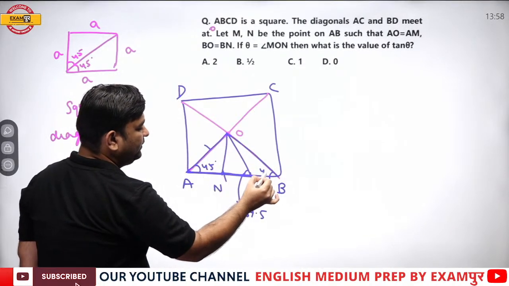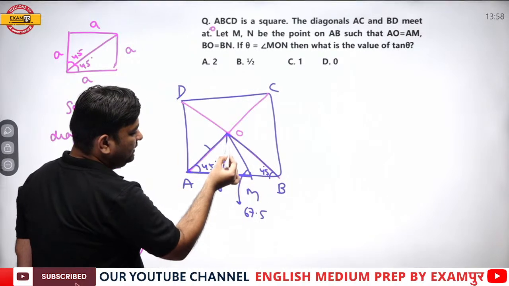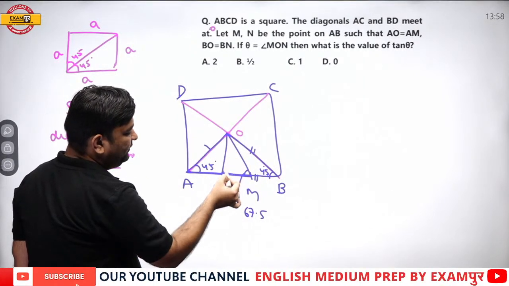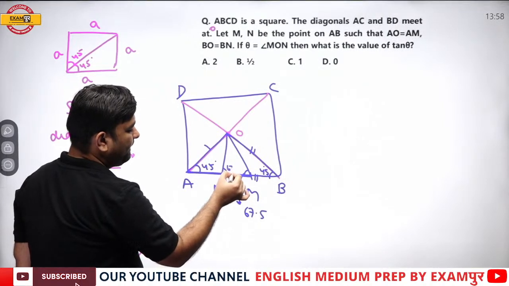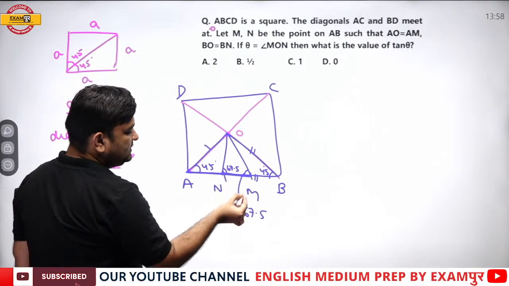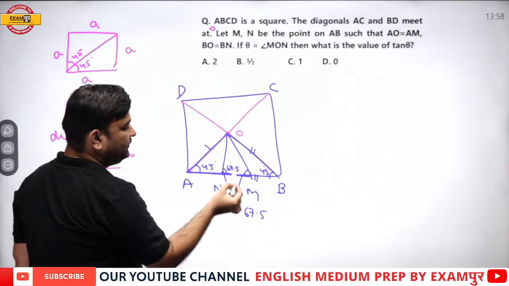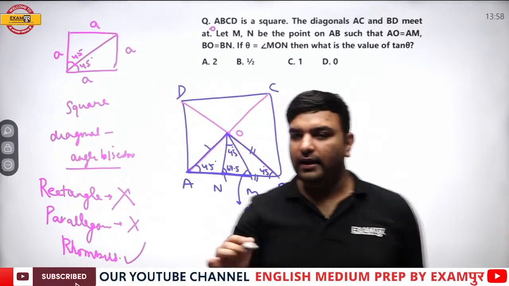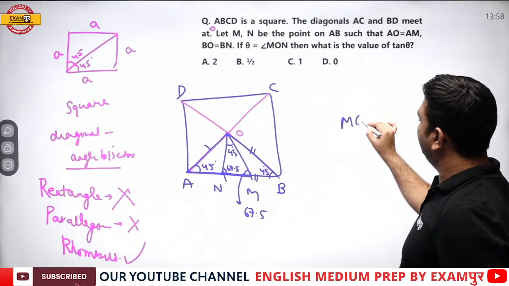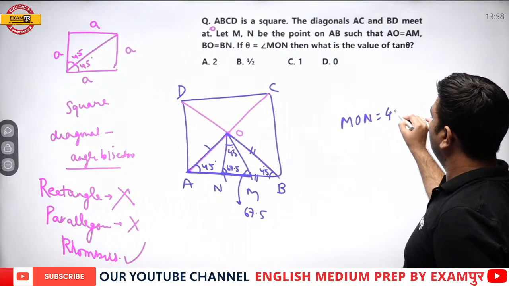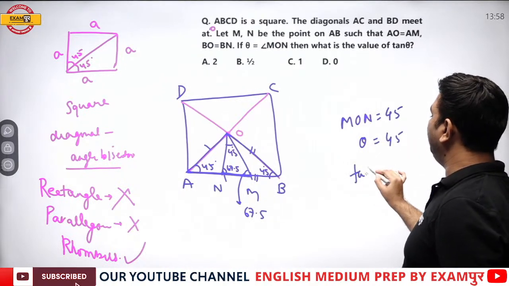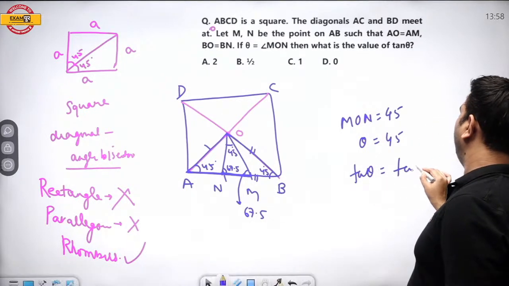This is 45. These two sides are equal. 67.5, 67.5, this is 45. So angle MON is 45, which is taken as theta. So tan theta is tan 45.